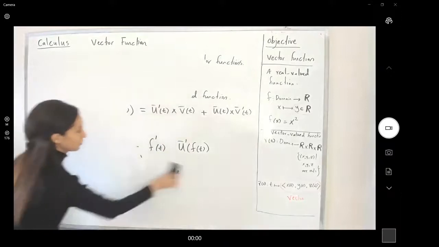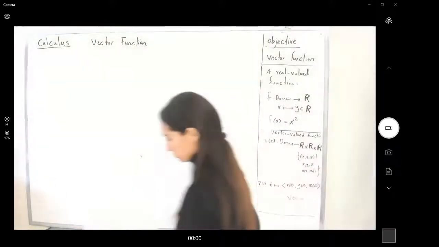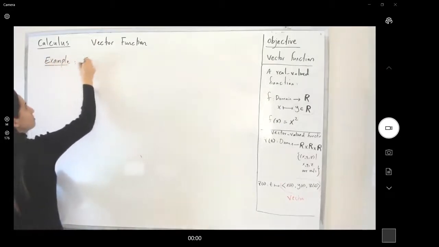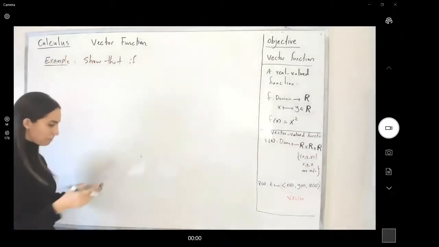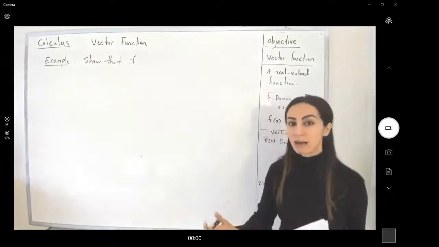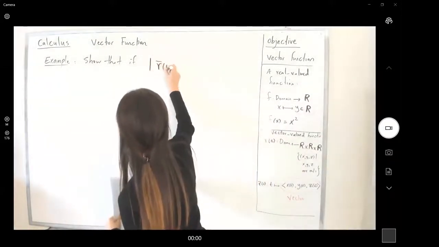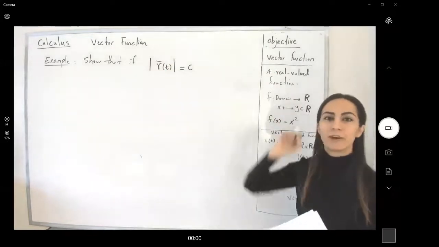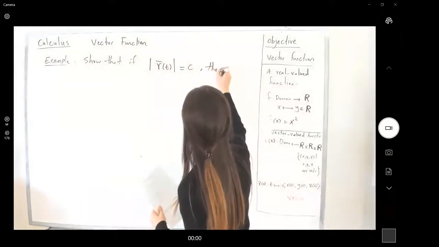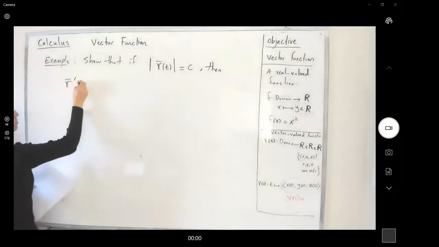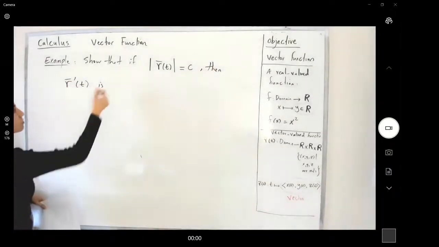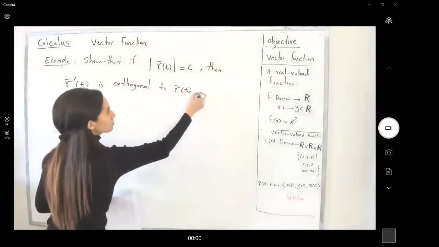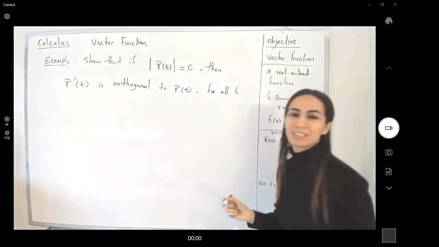This example says, show that if the magnitude of a vector valued function is constant, it means that if the length of that vector valued function is just a fixed number, equal to a constant, then the derivative of this function is orthogonal to r, for all t values in the domain of that function.